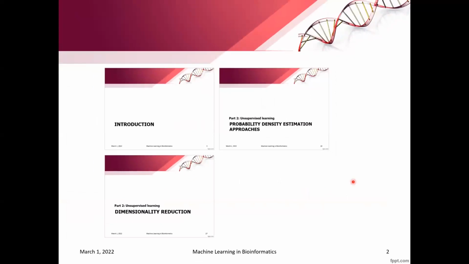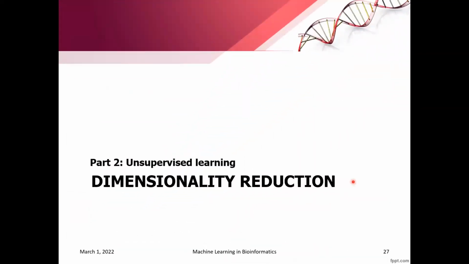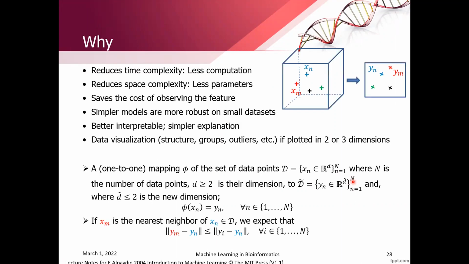Because now we will switch to the next section, and it's dimensionality reduction. No questions? Okay. So let us continue with dimensionality reduction. So why do we need dimensionality reduction?